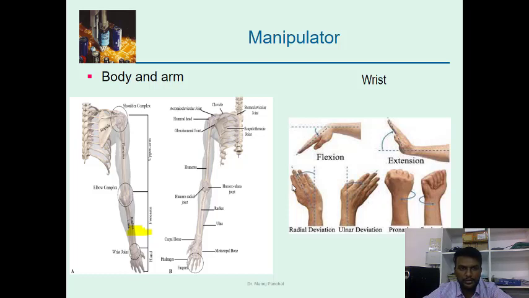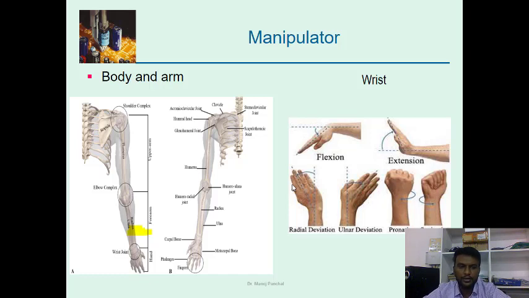So what are the three parts we have? The body and arm, the wrist assembly, and the end effector. The end effector is nothing but the fingers. This is the analogy between the human body and arm, and the robot.